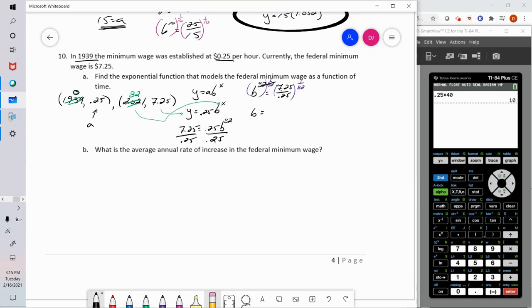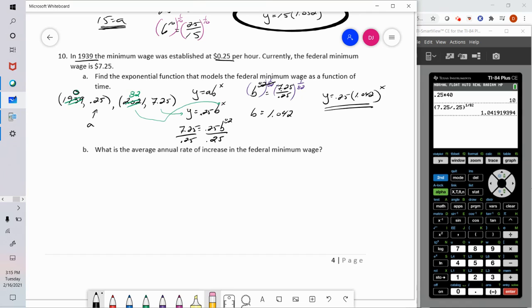Coming to our calculator, 7.25 divided by 0.25, raised to the 1 over 82 power, is about 1.042. So y is equal to 0.25 times 1.042 to the x.